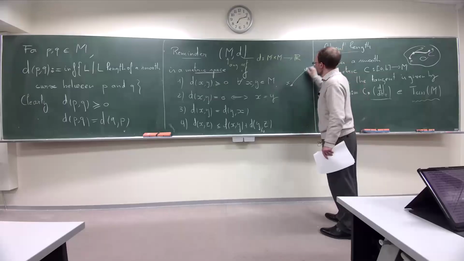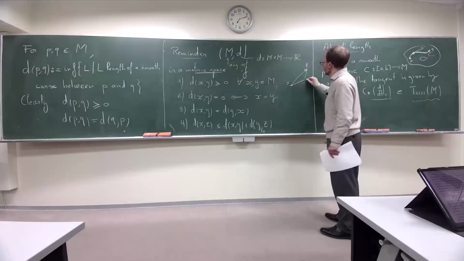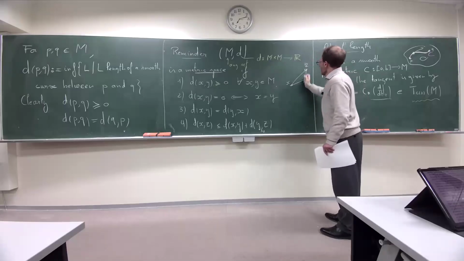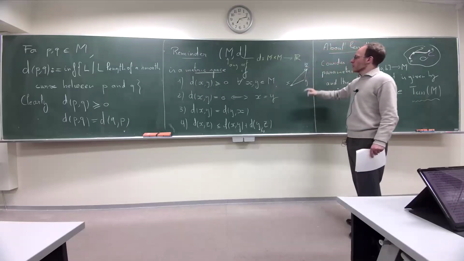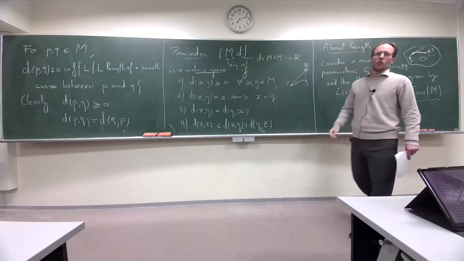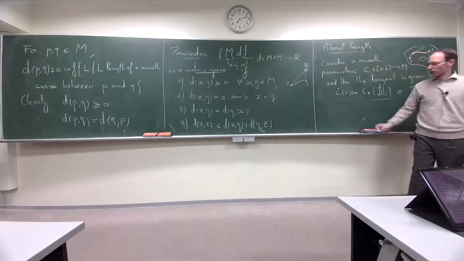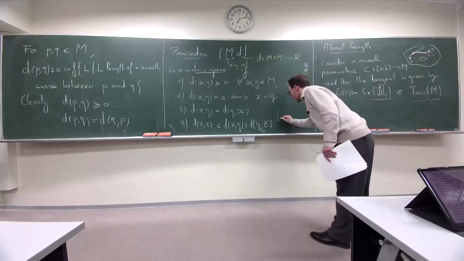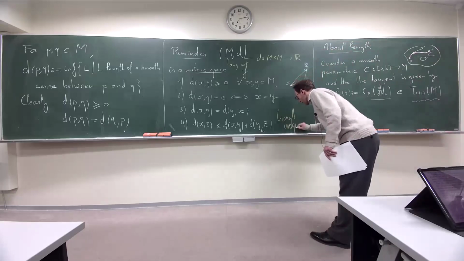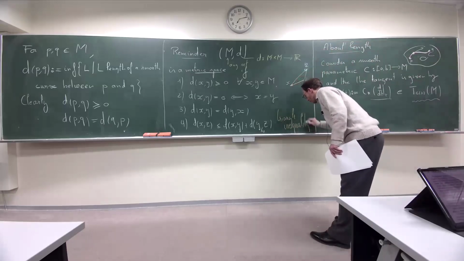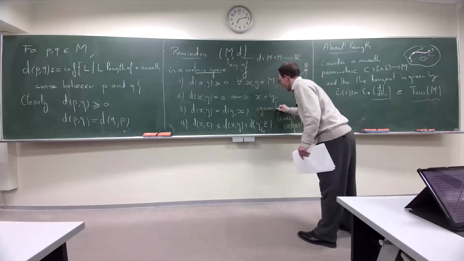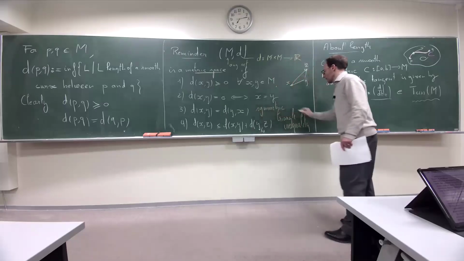The distance between X and Z is always smaller than the distance between X and Y plus the distance between Y and Z. This is called the triangle inequality, while the third property is called the symmetry, a symmetric relation.